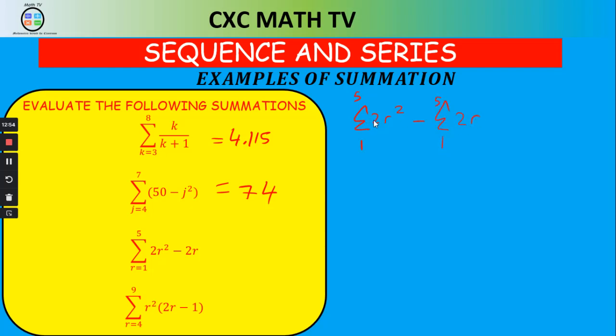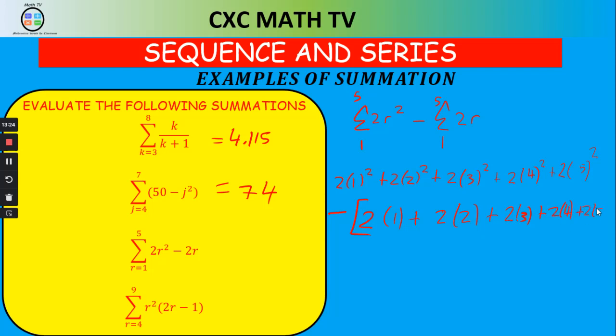So in that case, we put in the 1, so 2 times 1 squared plus 2 times 2 squared plus 2 times 3 squared plus 2 times 4 squared plus 2 times 5 squared, minus 2 times 1 plus 2 times 2 plus 2 times 3 plus 2 times 4 plus 2 times 5.